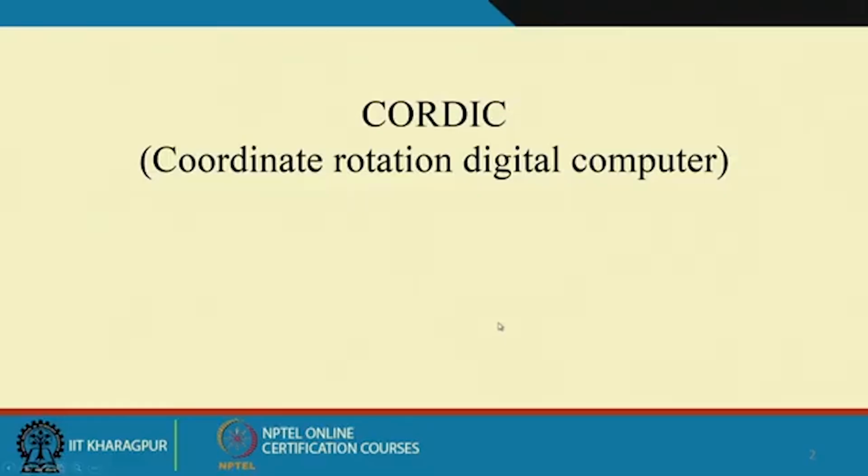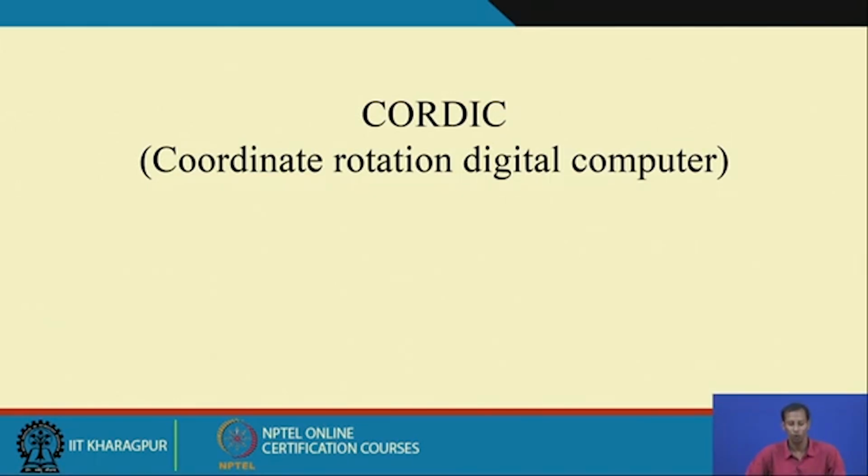The full name of CORDIC is basically an acronym: coordinate rotation digital computer. Here you see CO comes from coordinate, R from rotation, DI from digital, and C from computer.